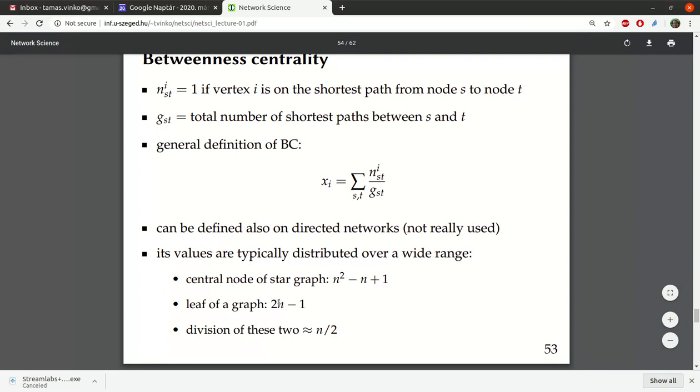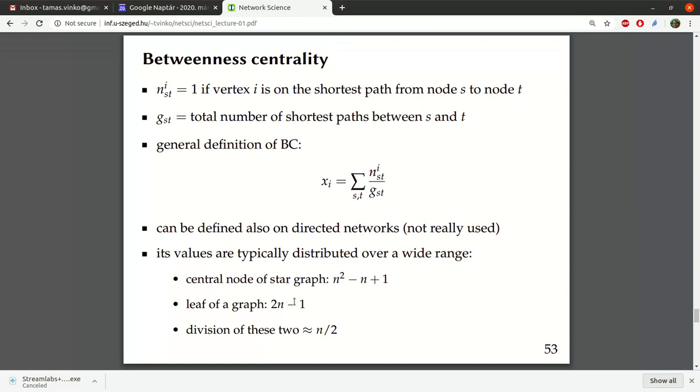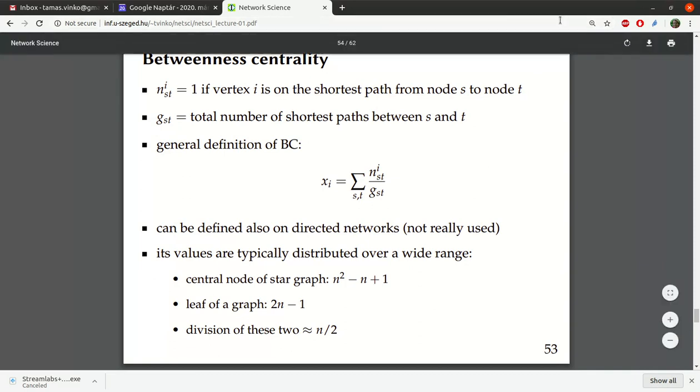In this star graph, a leaf has betweenness centrality equal to 2n minus 1, and if we divide these two quantities, what we get is roughly n over 2, which is a good number. So it's much better than what we got for the closeness centrality.